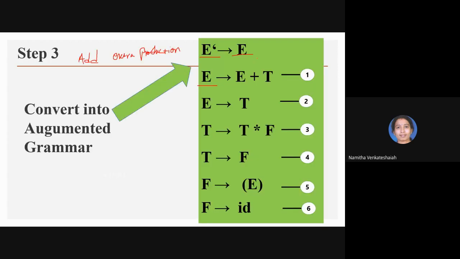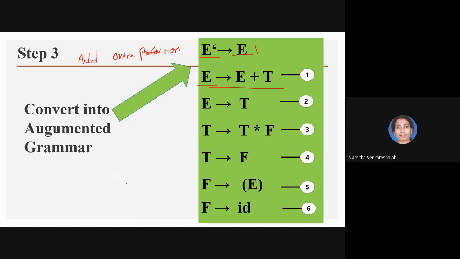Okay, this is important, step 3. And after step 3, one more thing: you need not include this production in the numbering. Numbering will always start from the next production only. This you should not include for numbering.